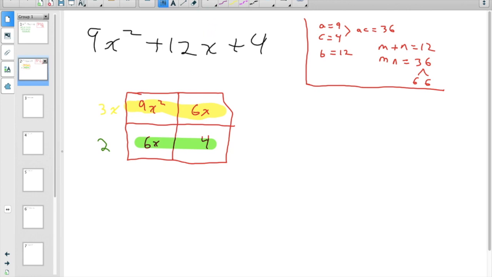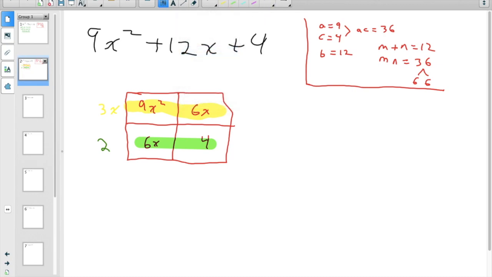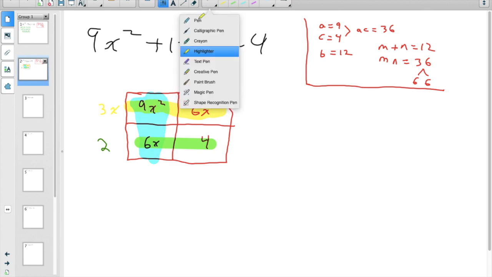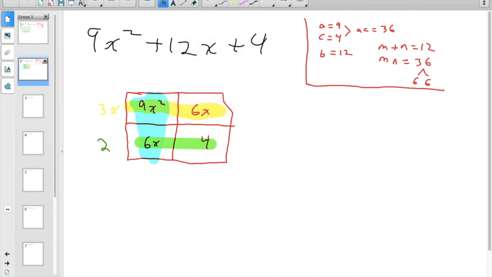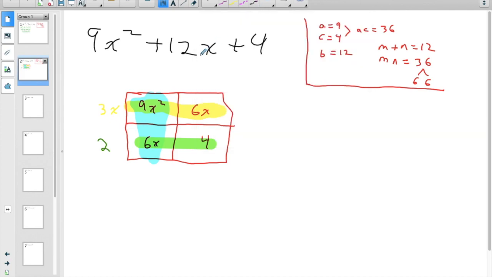We start with the left-hand side and then look at the right-hand side. On our left-hand side, we have a 9x squared and a 6x. That does indeed give us a 3x again.